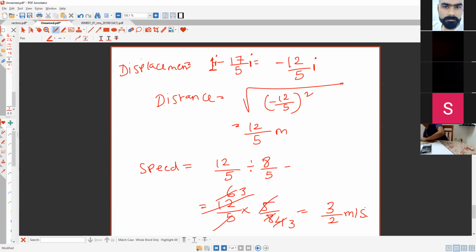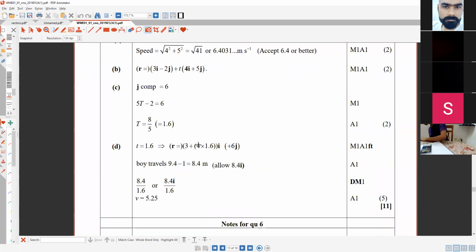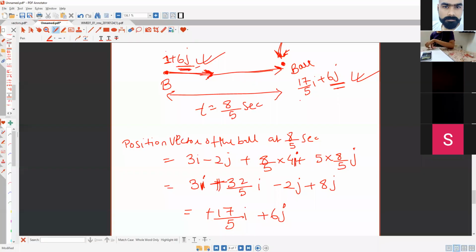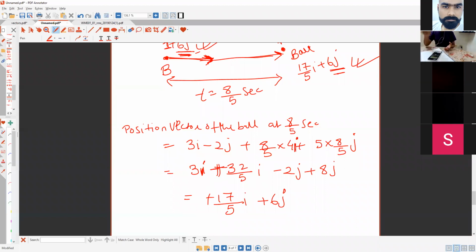Let me check whether the answer is correct or not. Okay. Some mistake I made then. Okay, let me double check. Okay, so I got my mistake. Remember I wrote a negative sign by mistake.